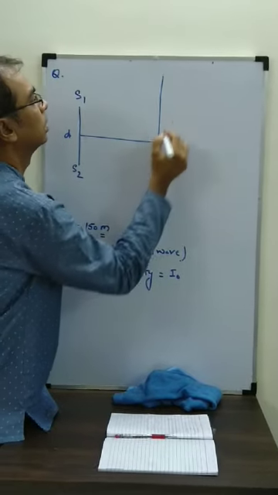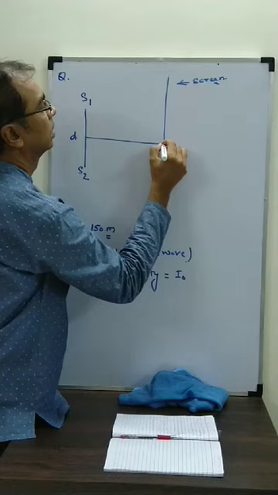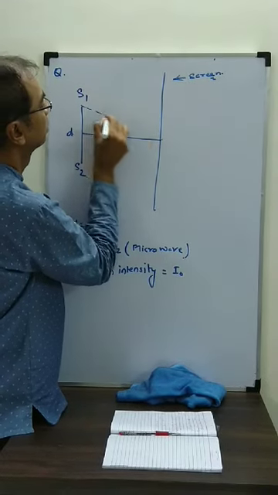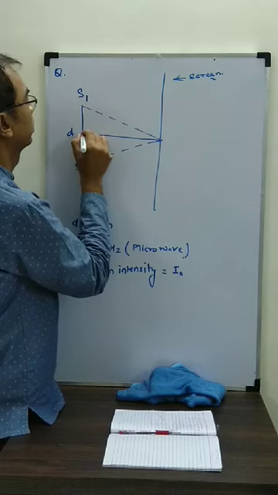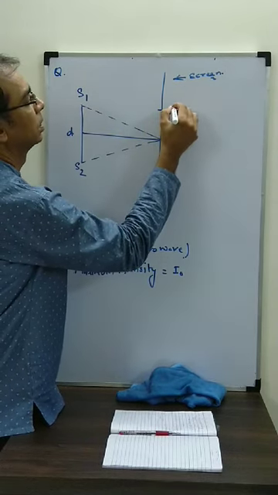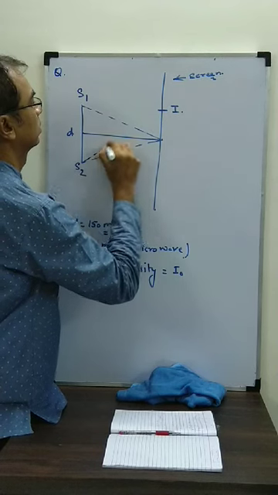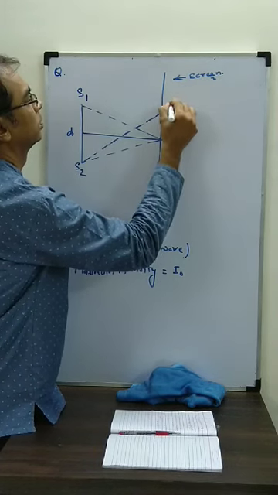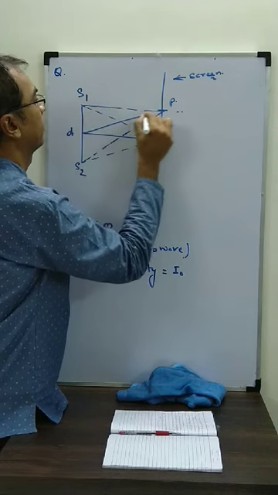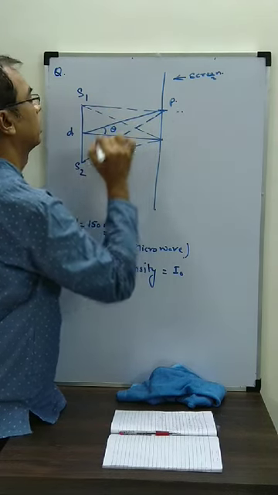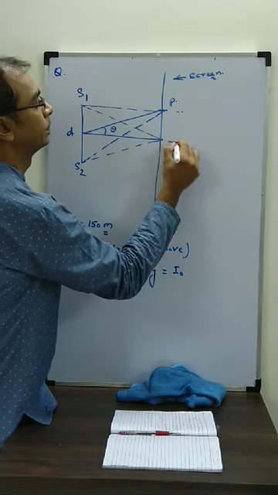Here is the screen. This is the central maximum. Take this as point B. Intensity is actually a function of theta.